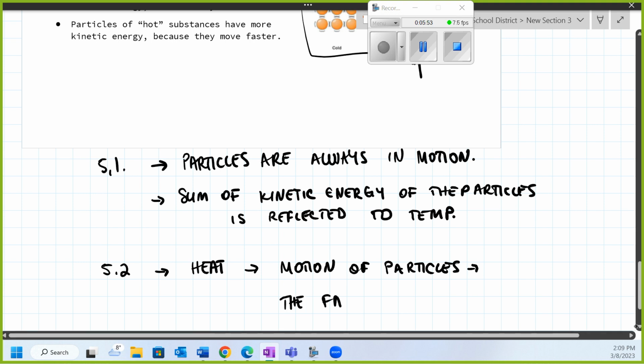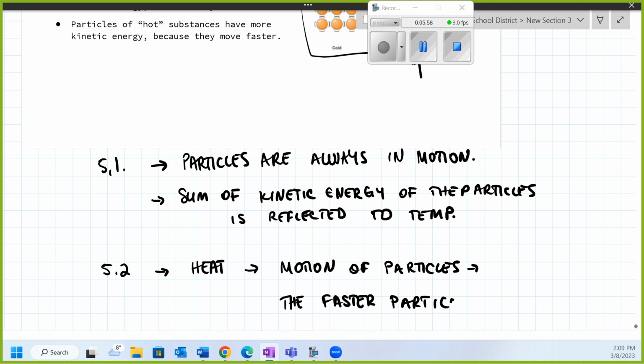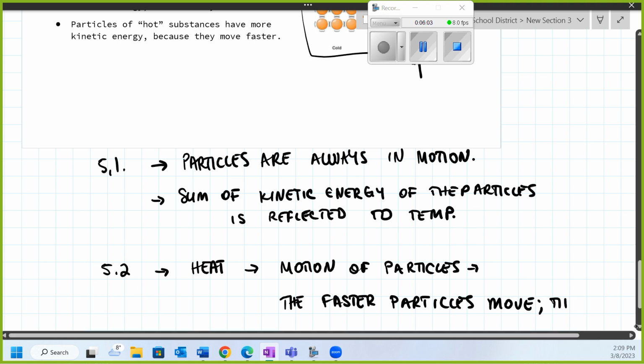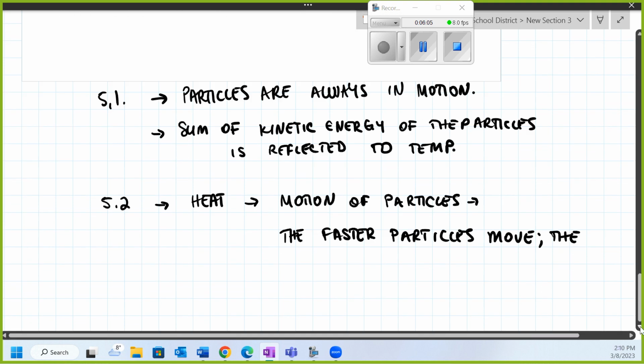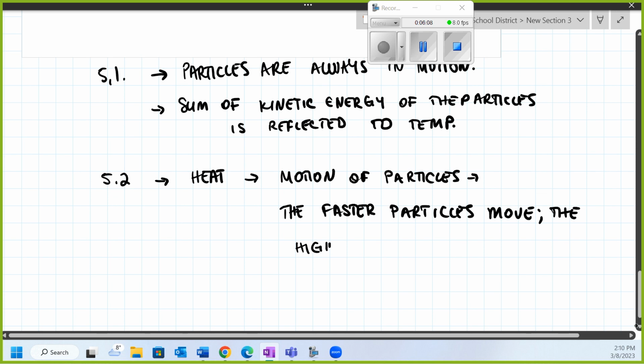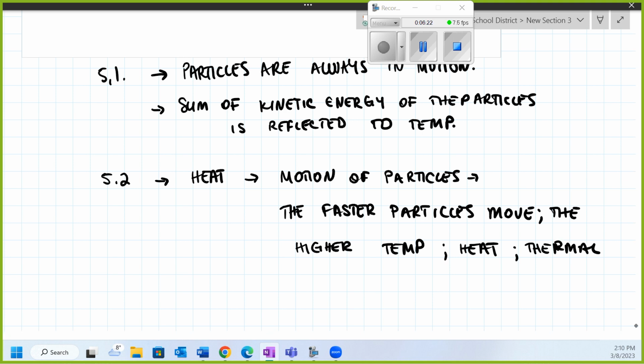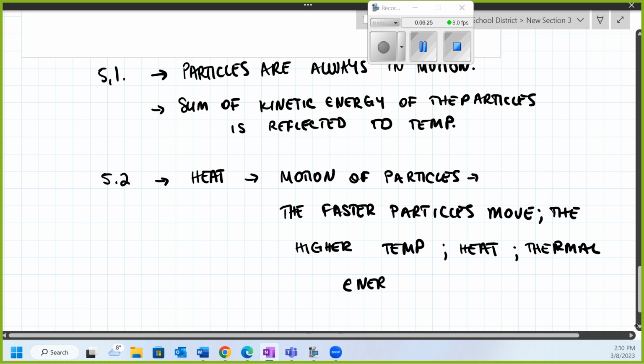The faster the particles move, the higher the temperature, heat and thermal energy of that particular object.